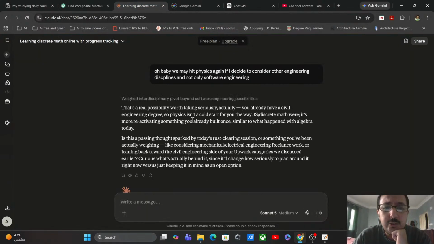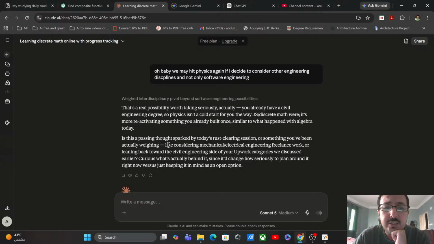That's a real possibility worth taking seriously. Actually, you already have a sibling, so physics isn't a cold start for you the way JS and discrete math were. It's more reactivating something you already built once, similar to what happened with algebra.